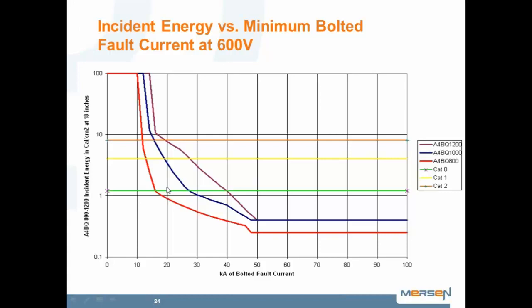And you can see as the fuse goes up like a 1,000 amp fuse, it's less current limiting because the current limitation is proportional to the nominal rating of the fuse. If we go up to a 1,200 amp fuse, it's still higher. But if you get a higher available fault current, it will have the limitation that you want, hazard category 0.